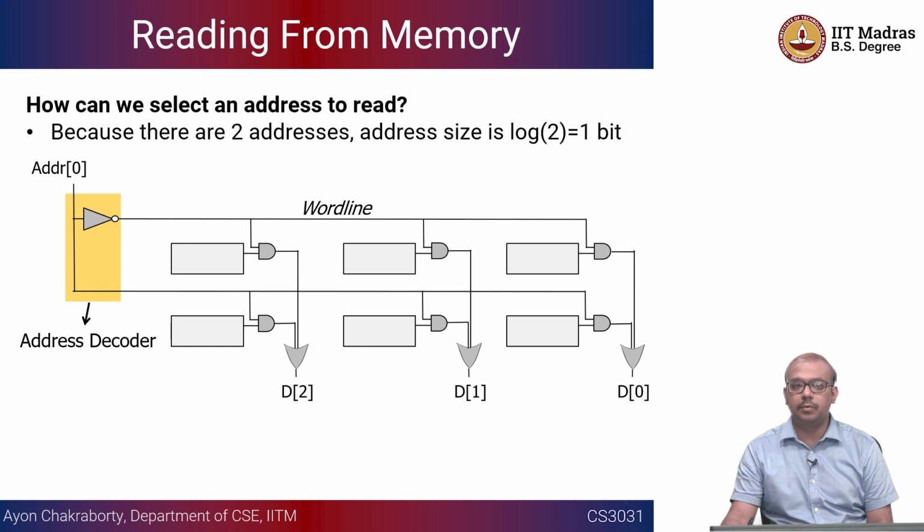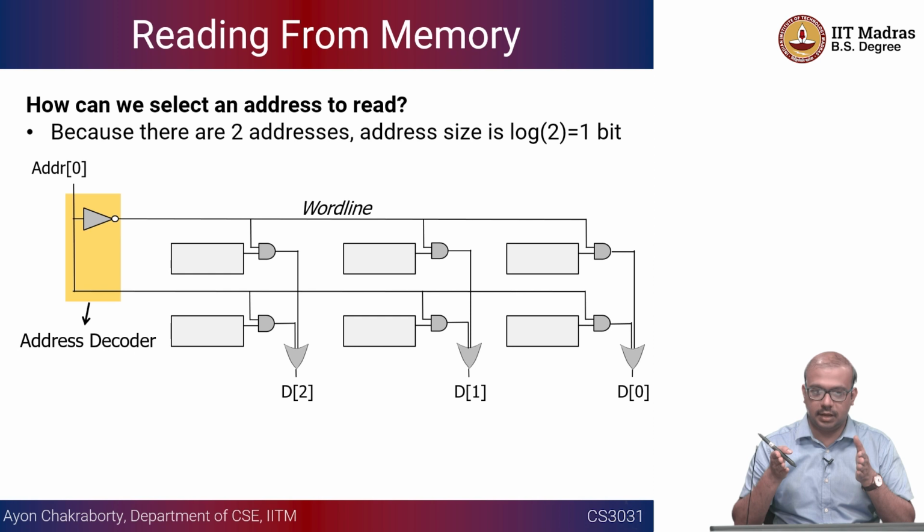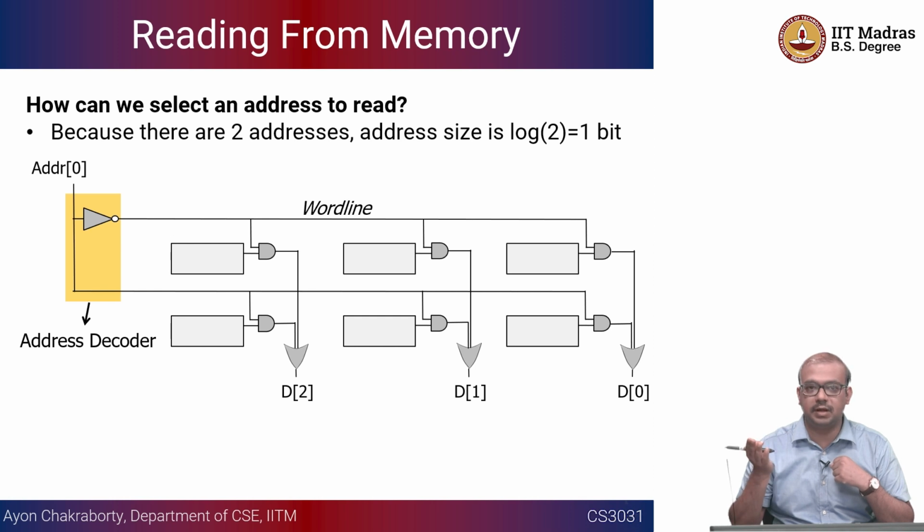So from 2 bits, we want to look up from 4 rows. So this is basically a decoder. The address is of size 2 bits, the total address space will become 4. So 1 out of the 4 has to be chosen using these 2 bits, which is nothing but a decoder. That is why it is called an address decoder.